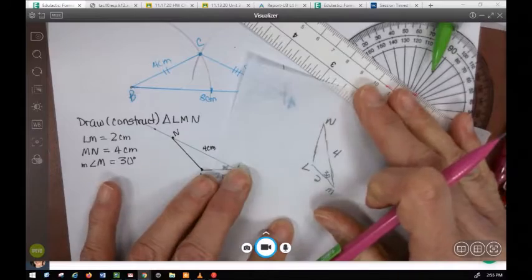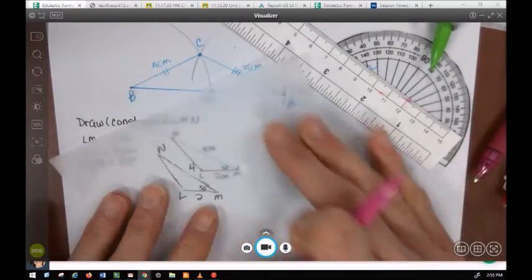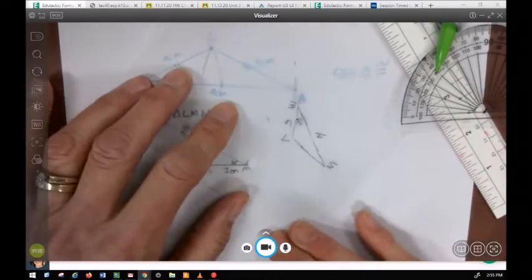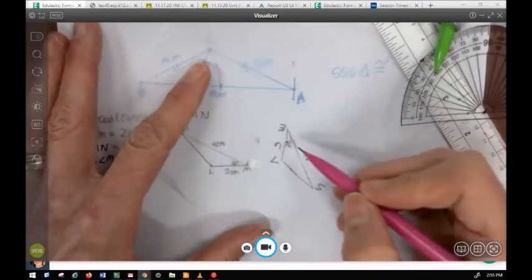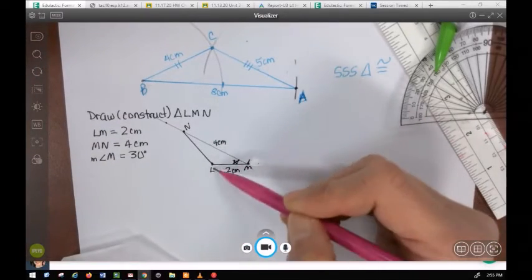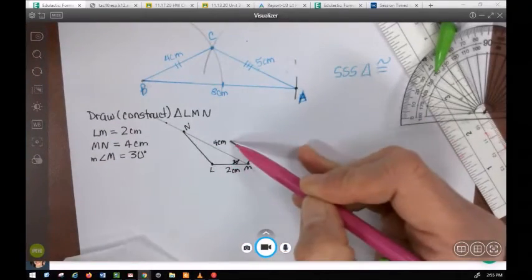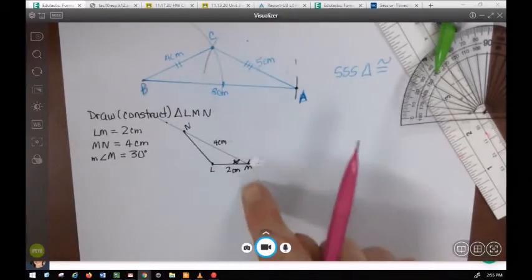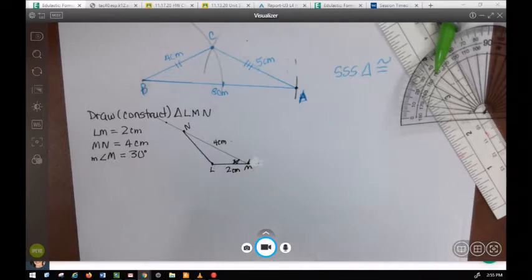It's still congruent because there's a transformation that could get us here. Maybe it's reflected somewhere. But wherever it is, we know that each of these specific values, each angle measure and each side length would wind up corresponding, being congruent because of the values that we have.